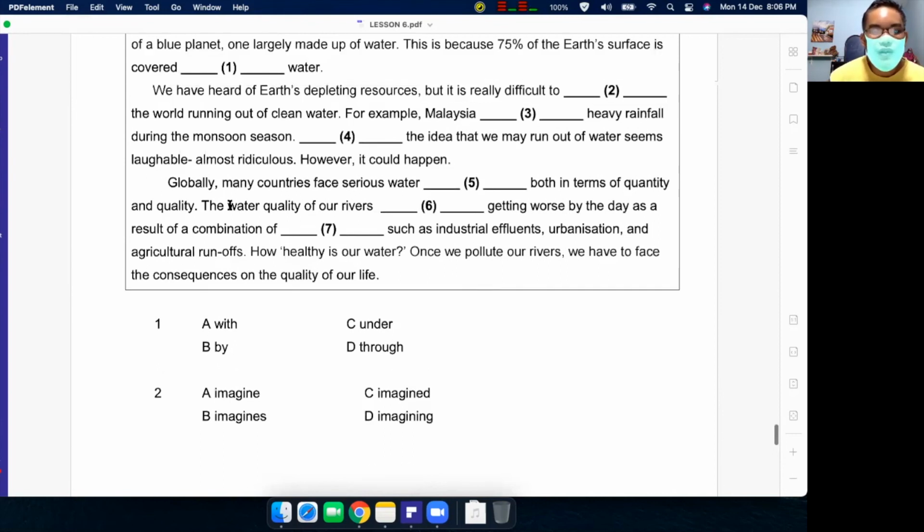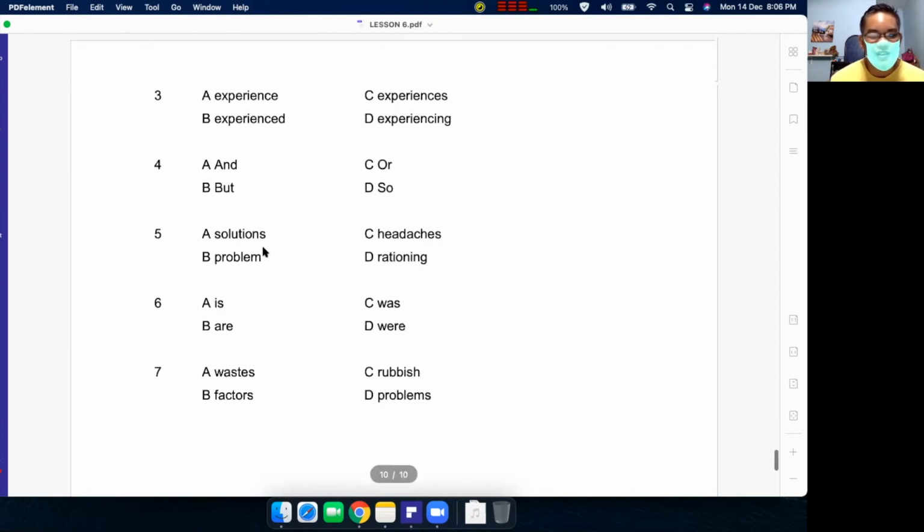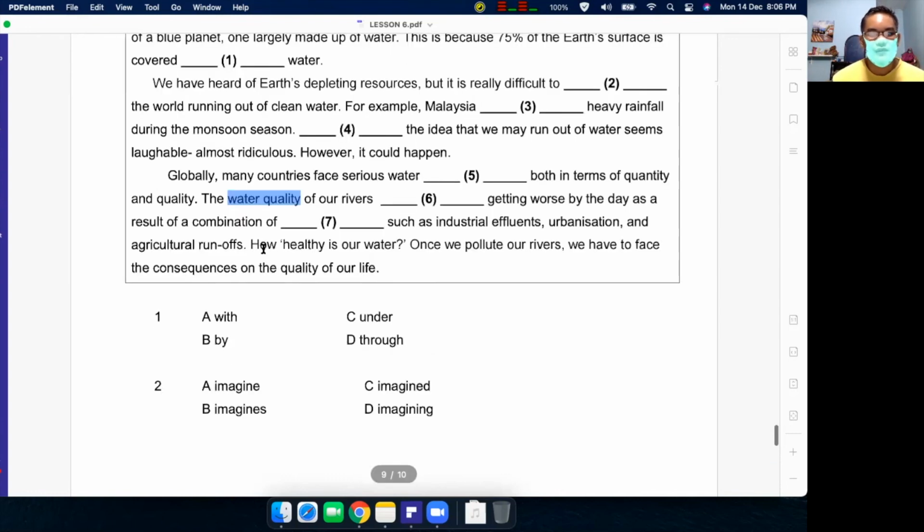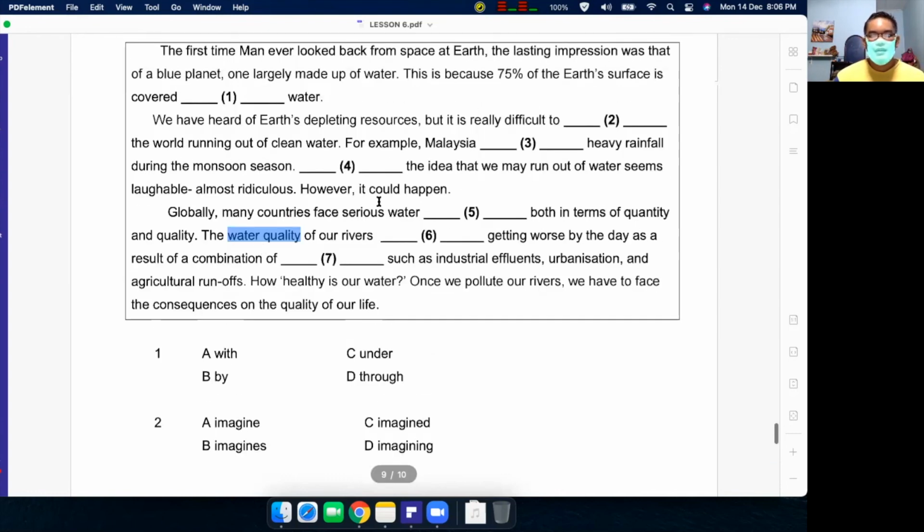Talking about the water quality, so it's one, okay? So the water quality of our rivers is getting worse by the day as a result of a combination of waste, factors, rubbish, problems. Which one is the best?